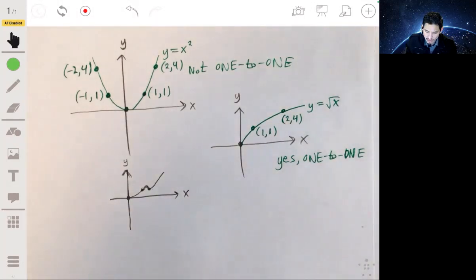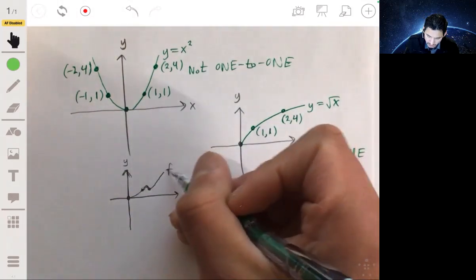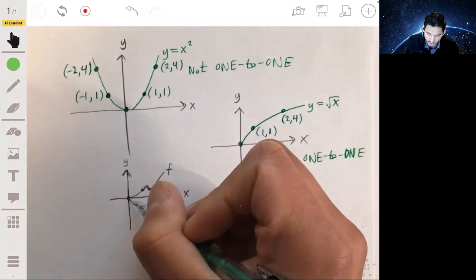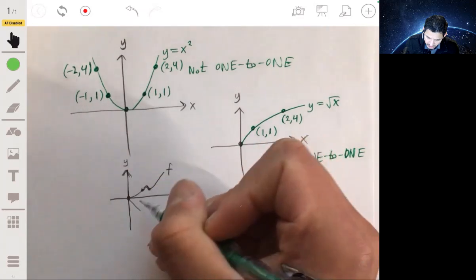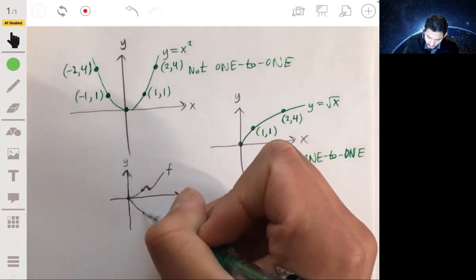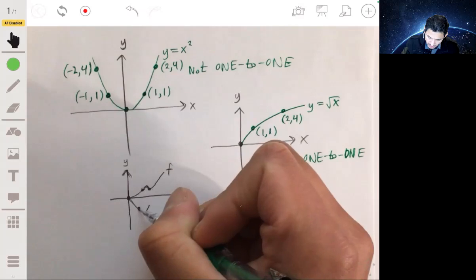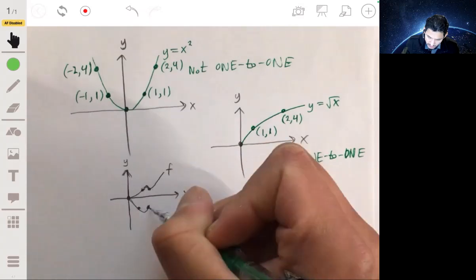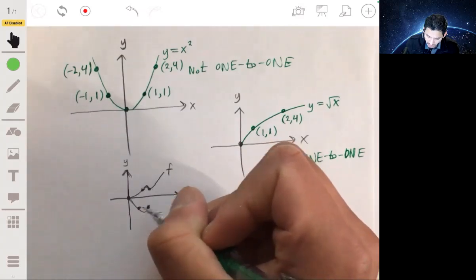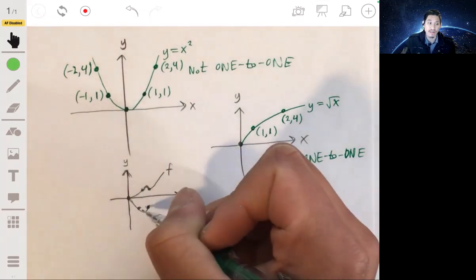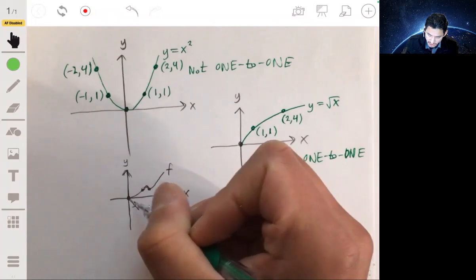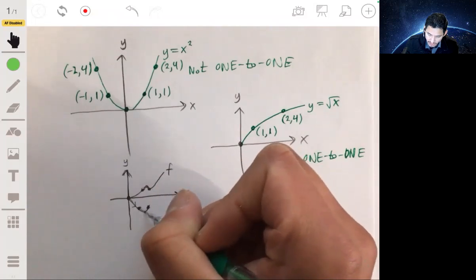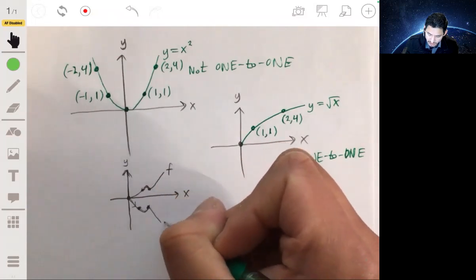You can do the same thing with another function. Let's call this f. If a function is decreasing and at some point it increases, even for a little bit, there are going to be at least two y values that are the same for two x values. It's decreasing up to here, then it increases and goes back down.